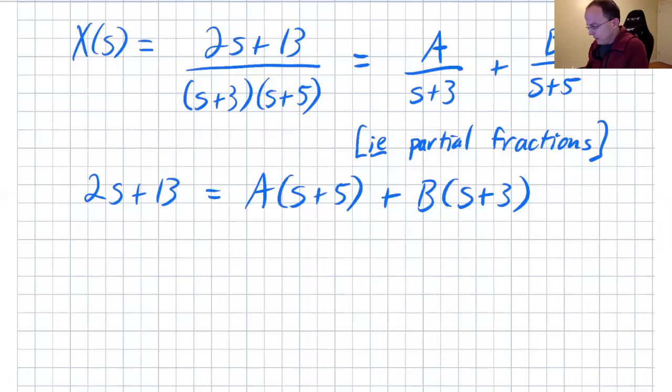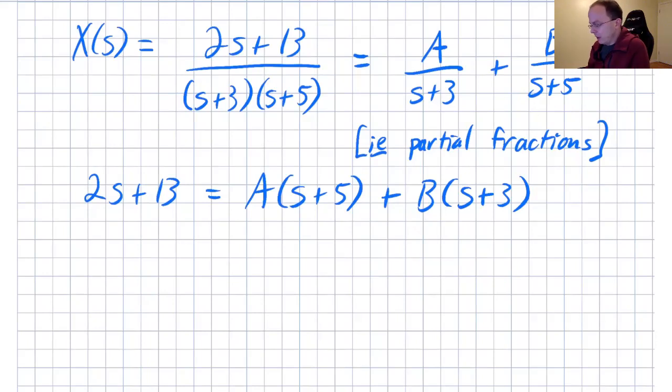There are different ways to solve for a and b with these things. We could multiply this out and collect the s terms together. So we'll get a plus b is equal to 2, and we'll get 5a plus 3b is equal to 13. But now we're solving a 2x2 linear system, 2 equations and 2 unknowns, like we did before.